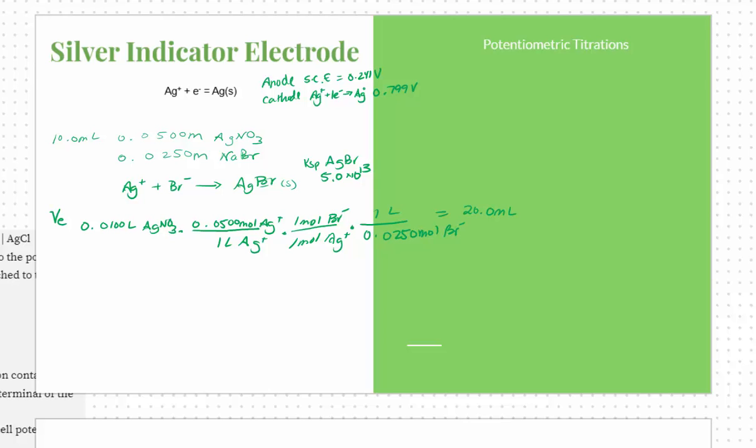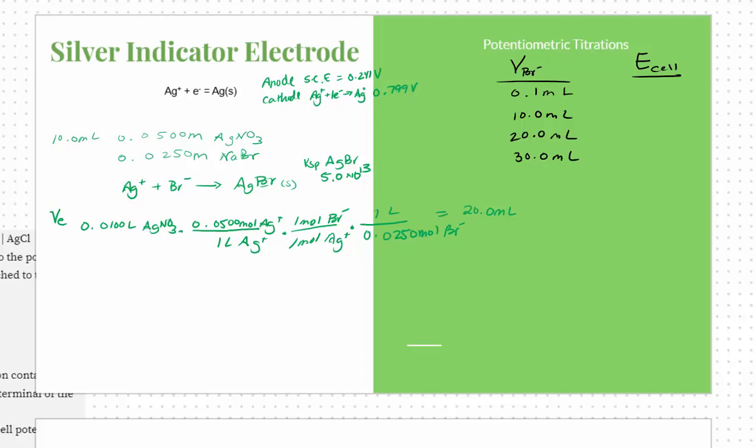20 milliliters. Now, the part that I seem to have forgotten, because I get excited with these because I really like these calculations, is we want to find the cell potential when the volume of bromide is 0.1 milliliters, 10 milliliters, 20 milliliters, and 30 milliliters.